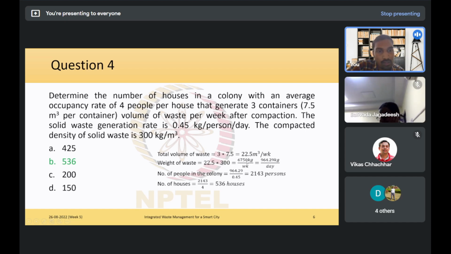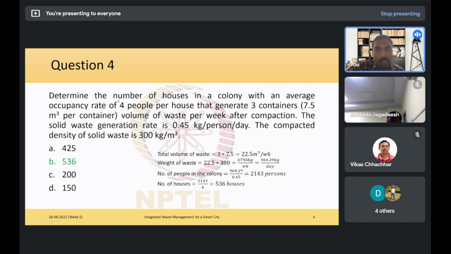So 6,750 kilograms per week is generated, but we want it per day, so we divide this value by 7, which gives us 964.29 kilograms of waste per day. This is the total amount of waste generated from this colony in a given day on average.